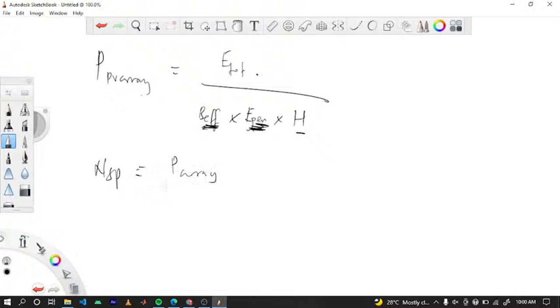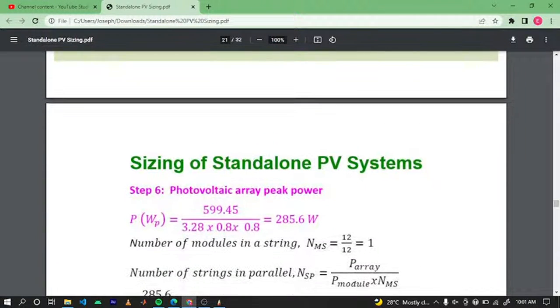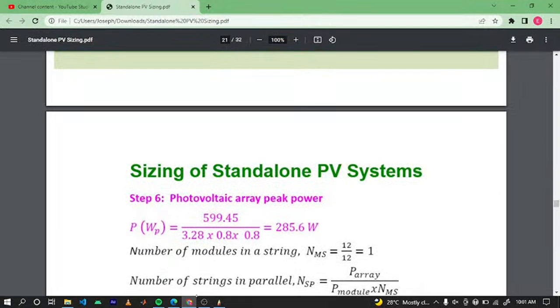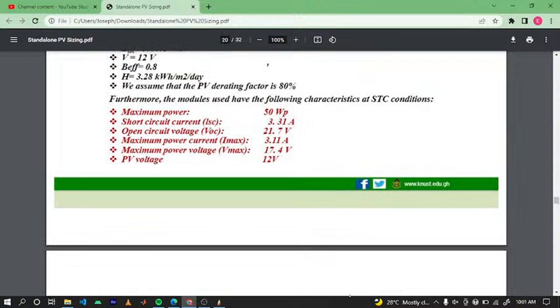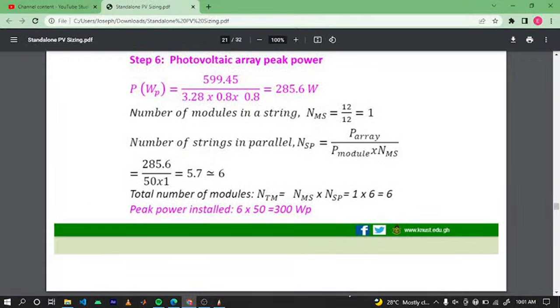The number of strings in parallel is the PV array power over the power of the module times the number of modules in a string. The PV array power that we found is 285 over the maximum power of the module, 50, times 1. So I'll get 6. The total number of modules is 6 and the peak power installed is 6 times 50. That's 300 watts.